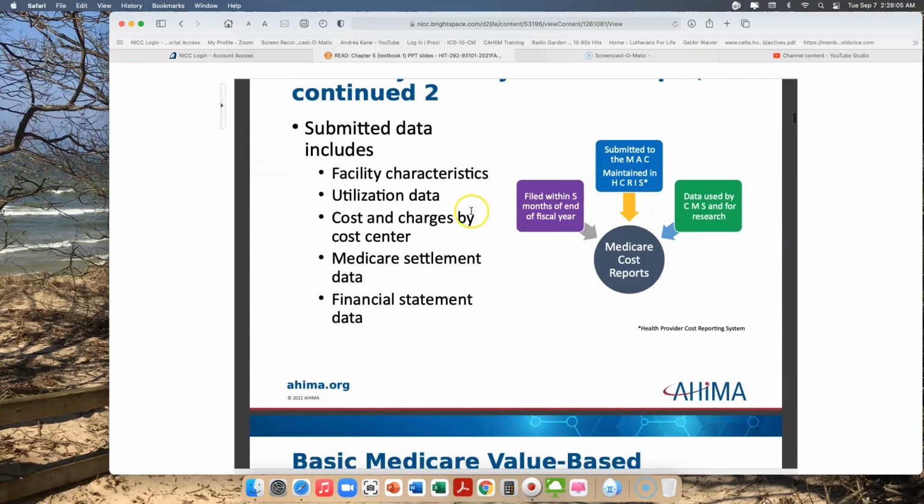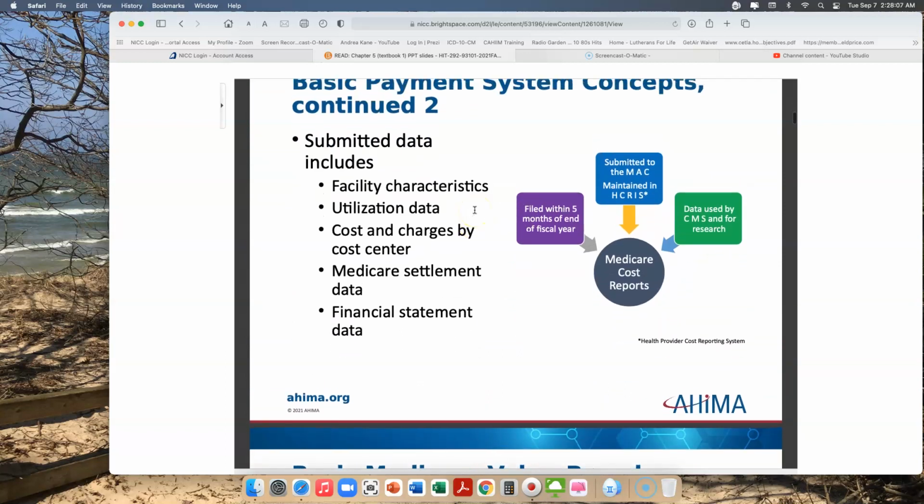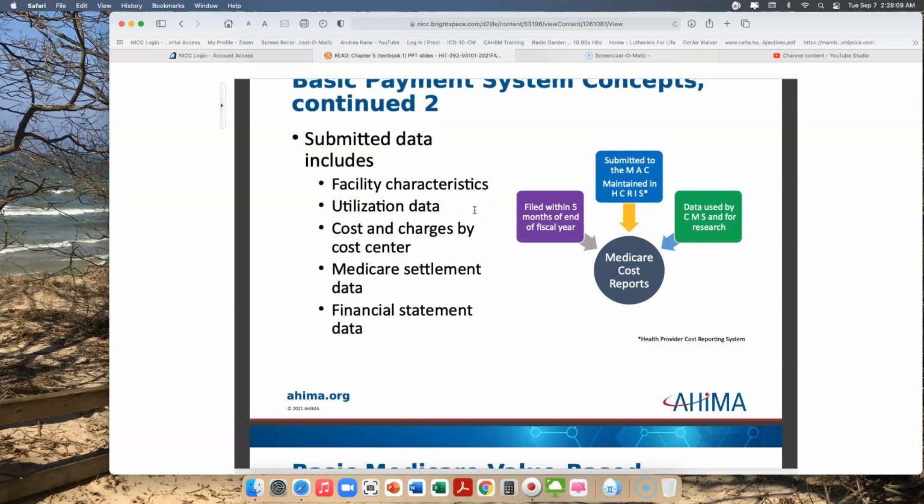The submitted data for the Medicare cost report includes facility characteristics, utilization data, cost and charges by cost center, Medicare settlement data, and financial statement data. And it is absolutely critical to get this Medicare cost report as accurate as possible before it's submitted. It has to be filed within 5 months of the end of the organization's fiscal year.